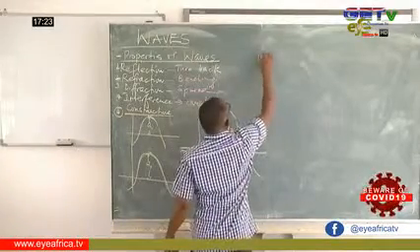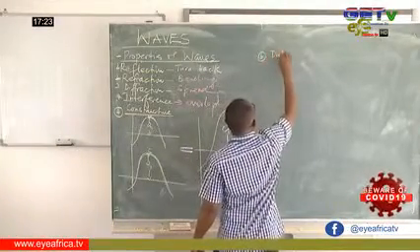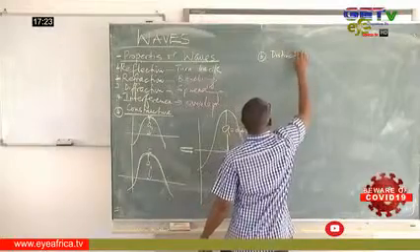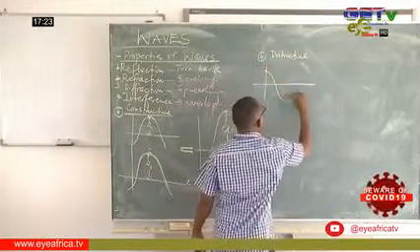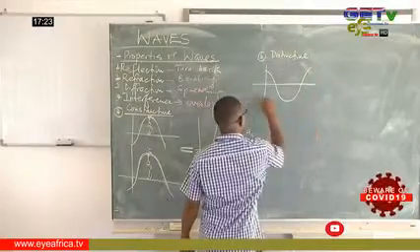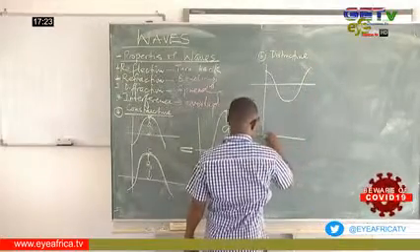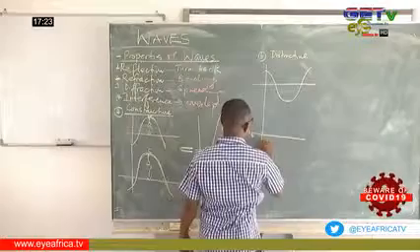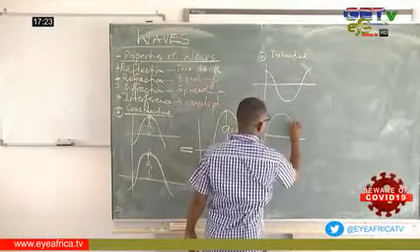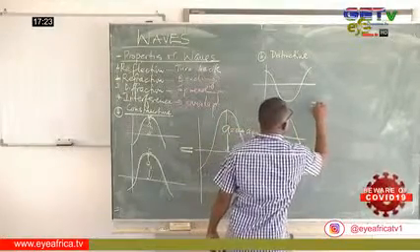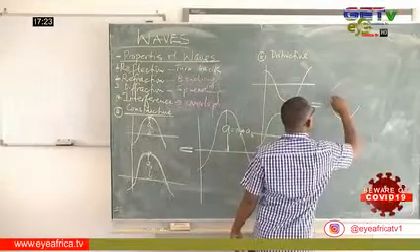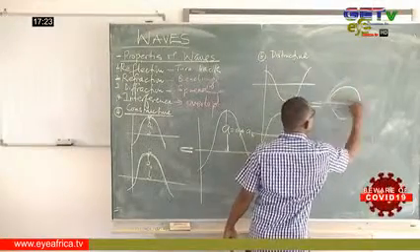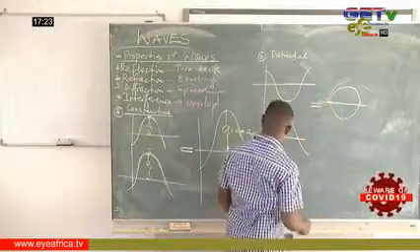We have destructive interference. For destructive interference, let me just draw something here for you. We have one wave here and another wave here. When these two waves interfere, they cancel each other.